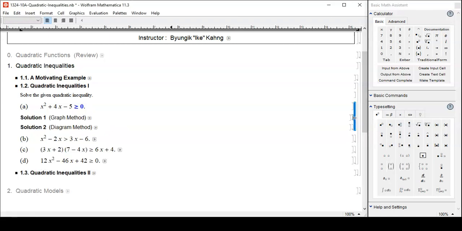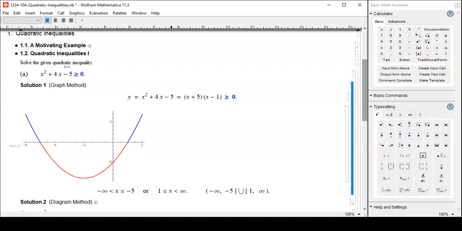Not enough time to go through another example problem. So here, let me just go back to where they used to be.